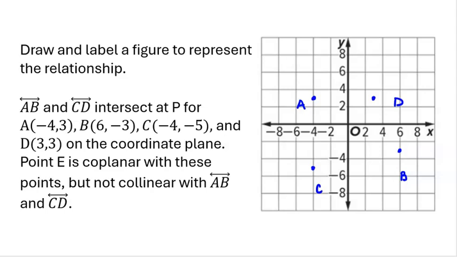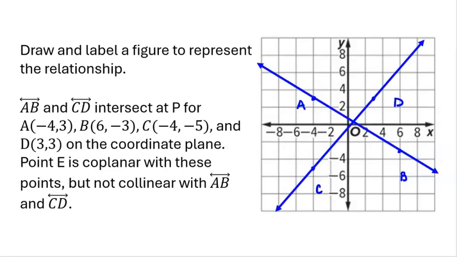So we took care of the points, and then they also tell us that we have line AB and line CD. So let's go ahead and connect those points. And take notice that when we added our lines, they have arrows on them to make sure that they're actual lines.